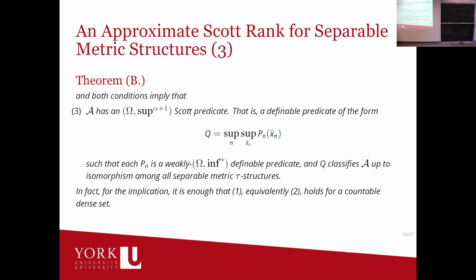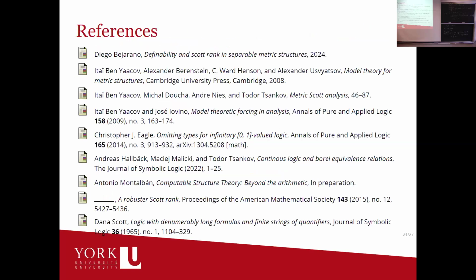But the question is whether you can make 2 imply each of the other 2. If you do have a pi alpha plus 1 Scott sentence, can you get either that all the types are isolated or that all the tuples have definable orbits? That's where I stumbled, because that requires a type omitting theorem, and I managed to get it.